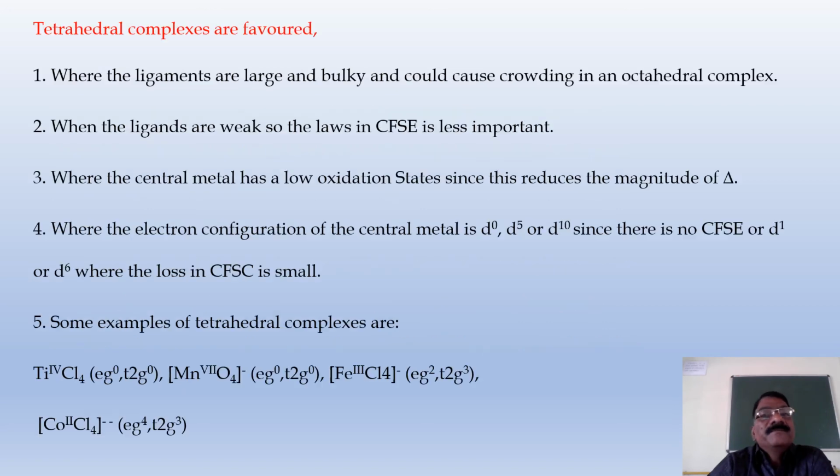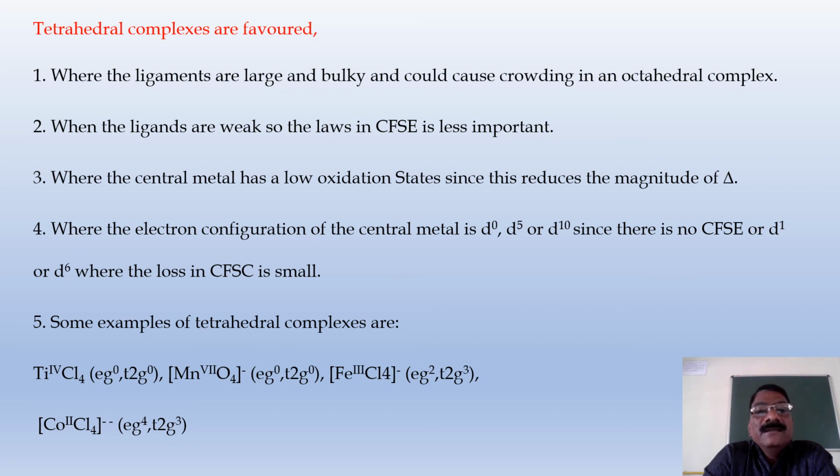CFSE terms. Tetrahedral complexes are favored in the following conditions. Where the ligands are large and bulky and could cause crowding in octahedral complexes. When the ligands are weak, so that the CFSE is low, it favors tetrahedral complexes.